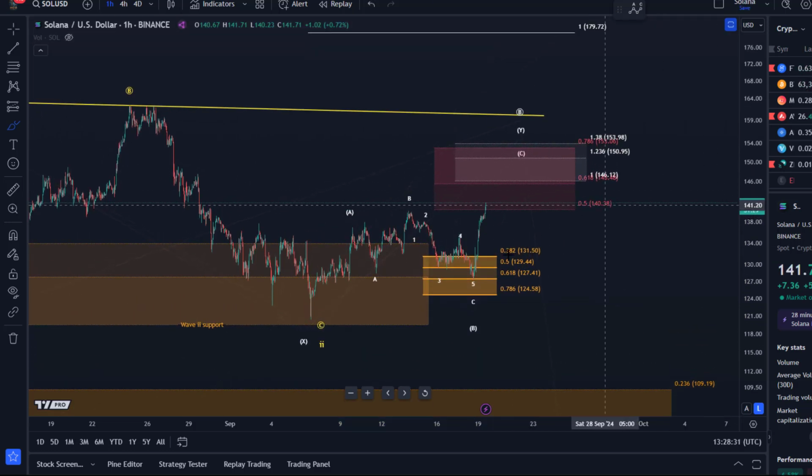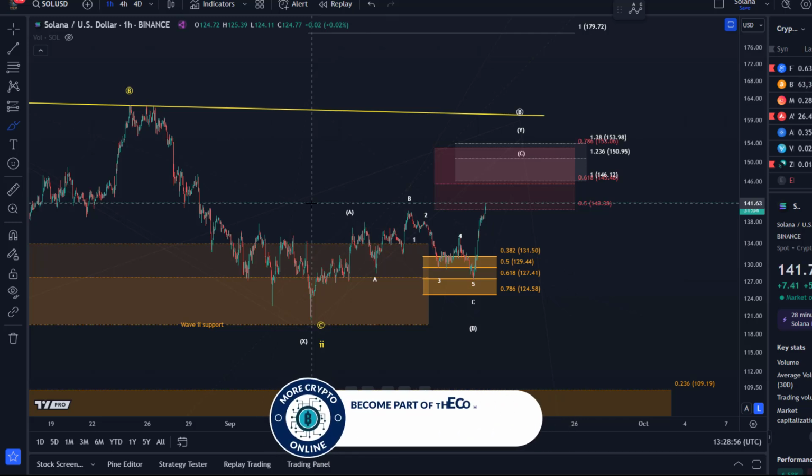At the moment, I'm just exploring the idea of an ABC rally here. The C wave can easily reach $146 next. That's the 100% extension. And then we have the 1.236 extension and the 1.38 extension as common levels. So we talk about $146. There's a cluster because when we draw the Fibonacci retracements, it's just another way of coming up with resistances.